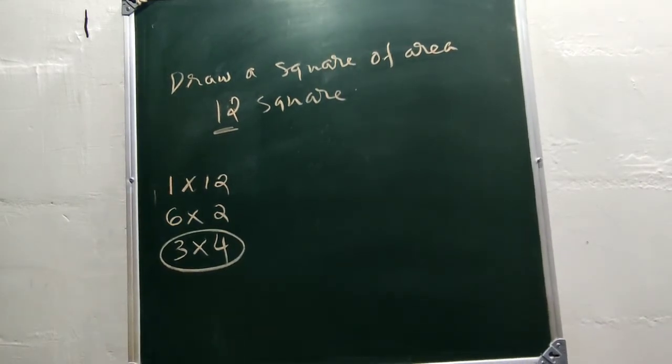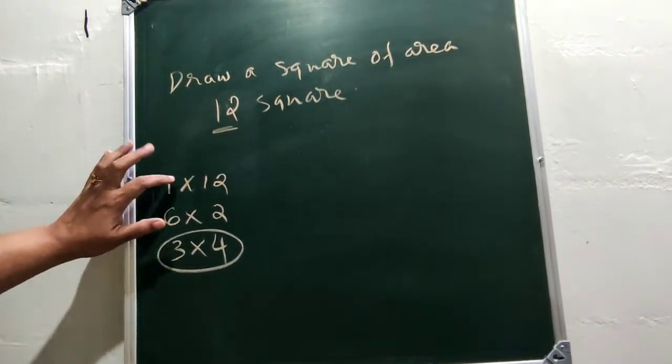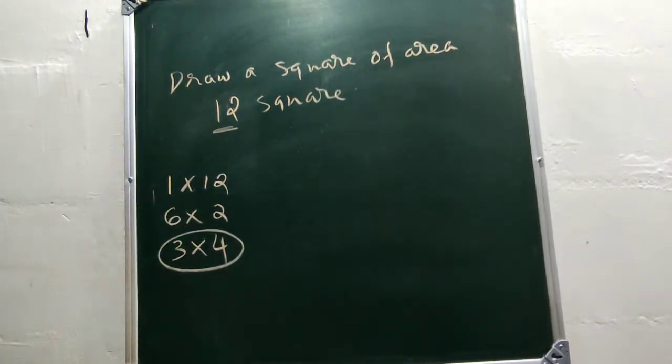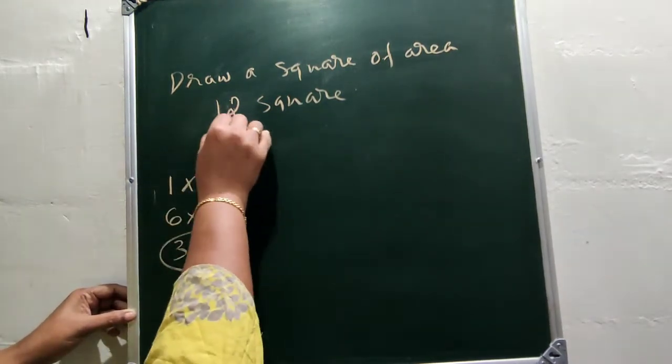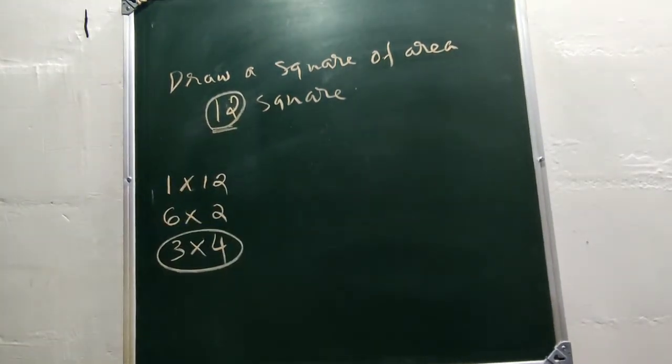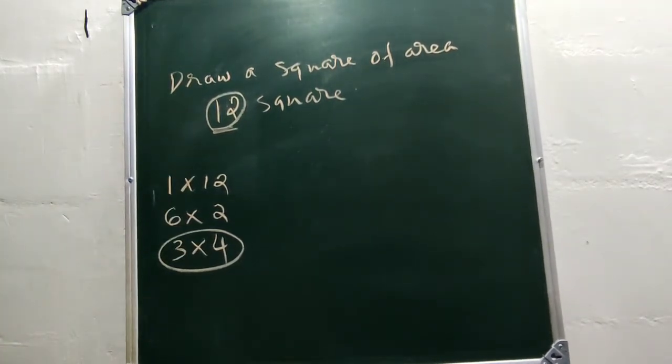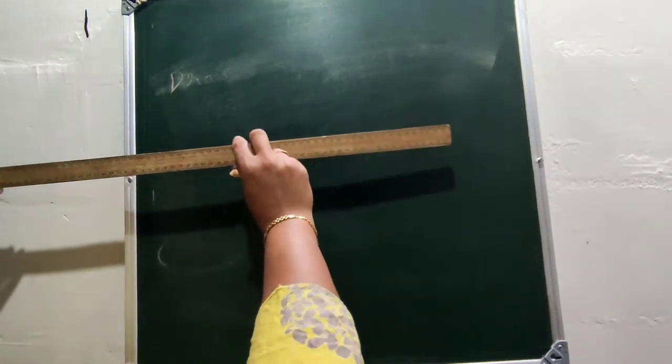First draw a rectangle of length and breadth 4 and 3, then draw a square of equal area to it. Then we will get a square of area 12 square centimeter. For that, first draw a line of length 4 centimeter.